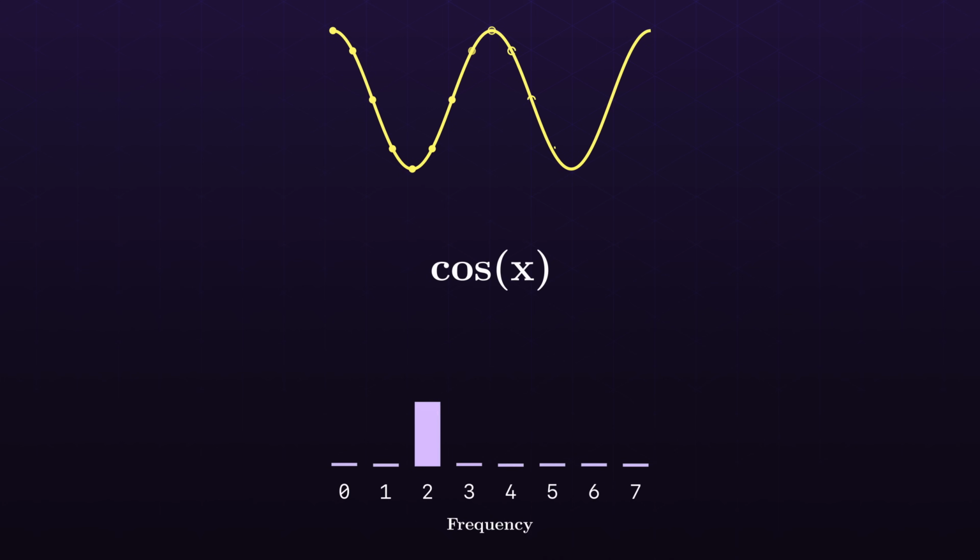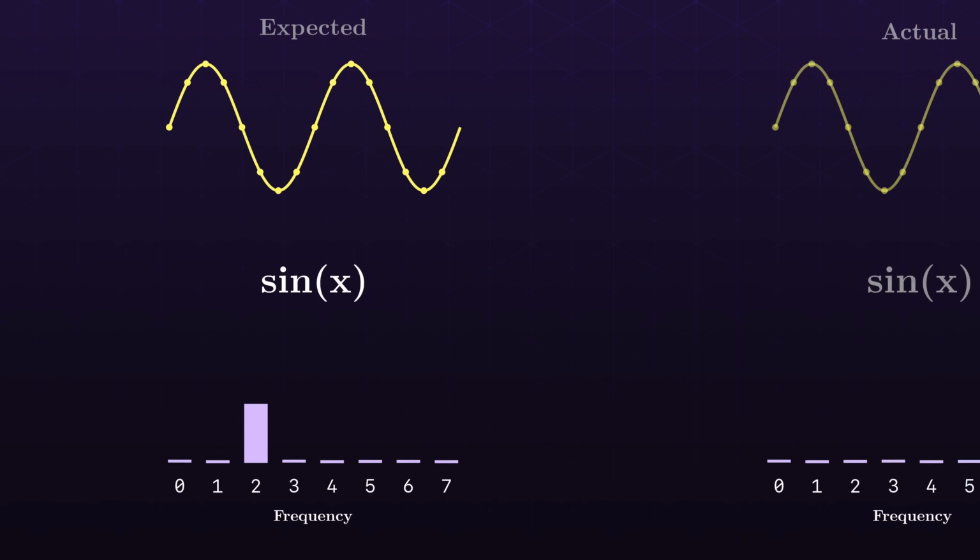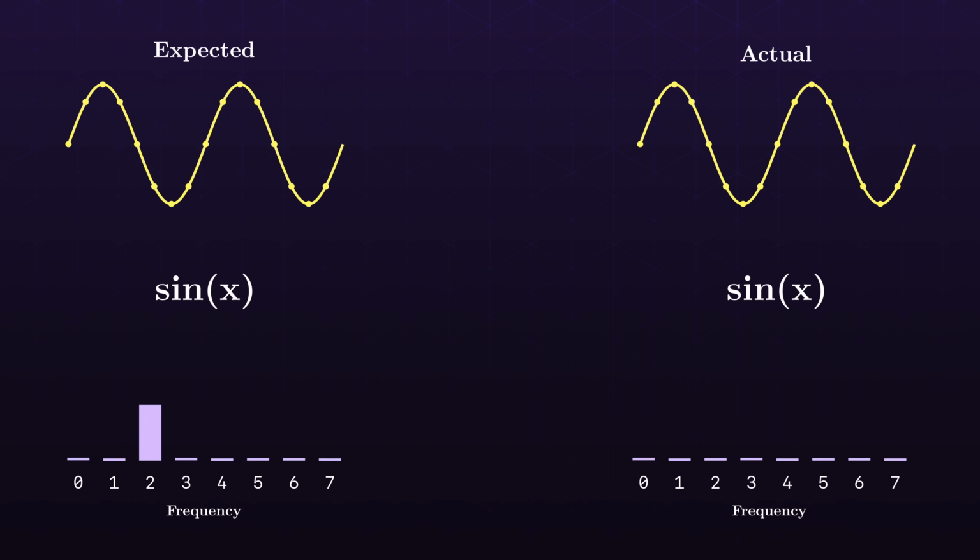So far, we focused on cosine waves. Let's now see what happens when we use sine waves. What we expect is if we pass in a sine wave of some frequency, we should ideally get that same frequency displayed in our frequency spectrum. So let's try it. What we get is a bit surprising. It seems like all the frequency components are 0.